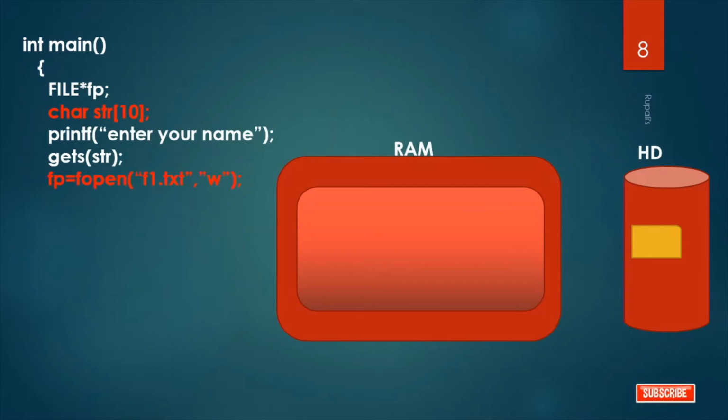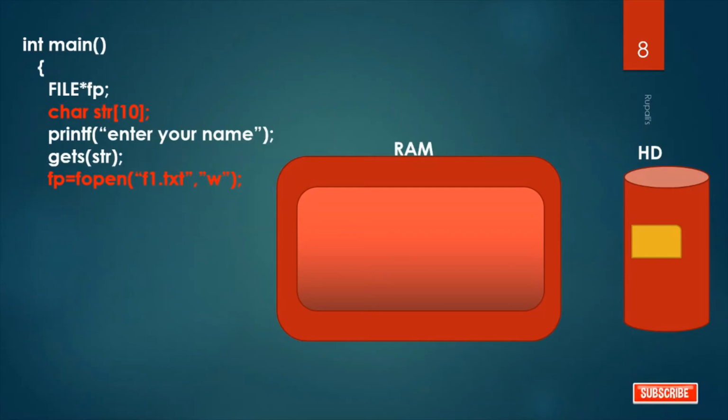Now you have to open the file f1.txt where we want to write our name. It is a text file, and open it in w mode. W mode means if the file exists, then it will start writing from the beginning of the file and erase the old content.